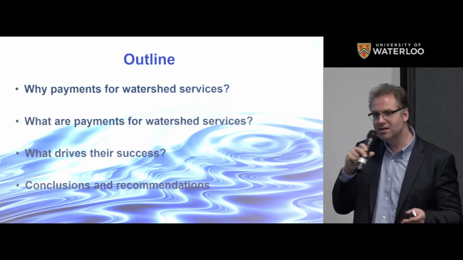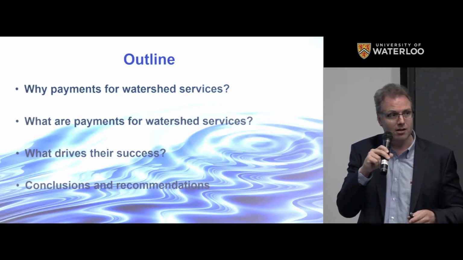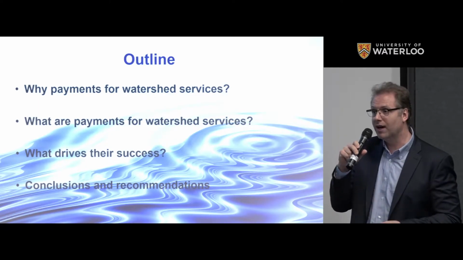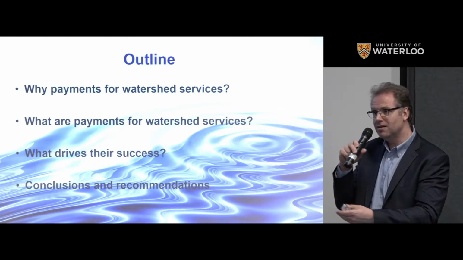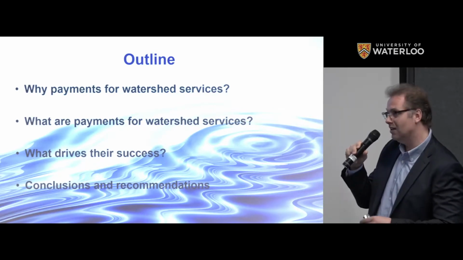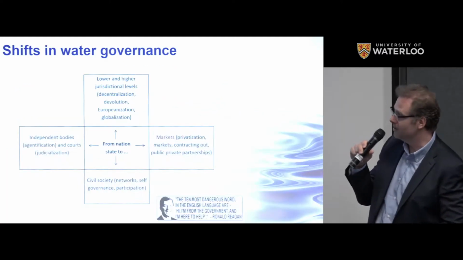So my hypothesis is that the design has a very large influence on the economic efficiency, the cost effectiveness of providing those services. So how these schemes are implemented in practice really gives us a lot of insight in how successful these schemes are. And then I'll end with some conclusions and recommendations.